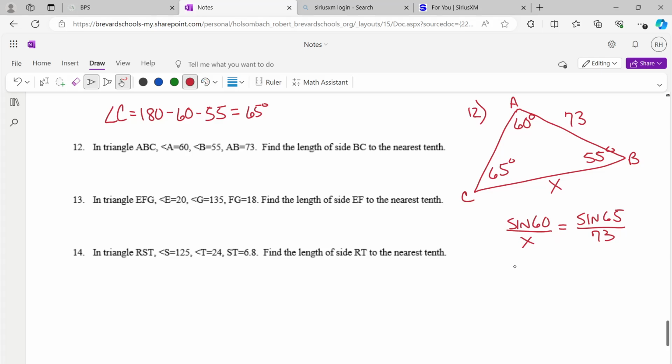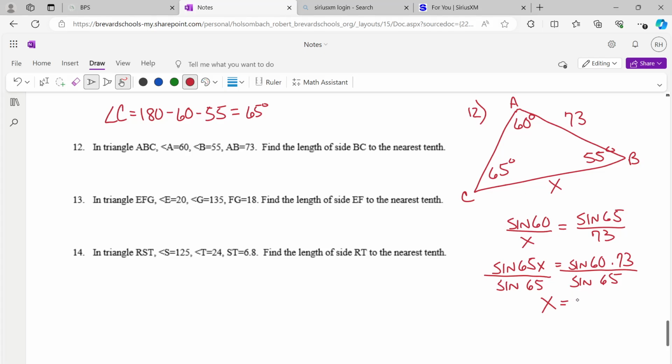All right, so crisscross multiply. Sine 65 x equals sine 60 times 73. And then we can divide both sides by sine 65. And our x is equal to 60 sine, equals, times 73, equals, and then divide by 65 sine, and hit equals.